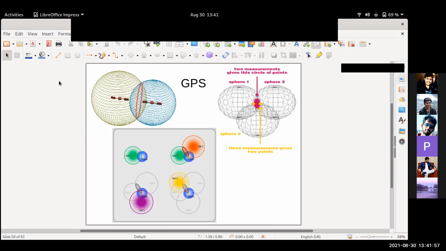So you will be trying to keep track of the satellite time by computing how much you have drifted. That drift will come out of the solution of the fourth satellite equation. Okay, sir.